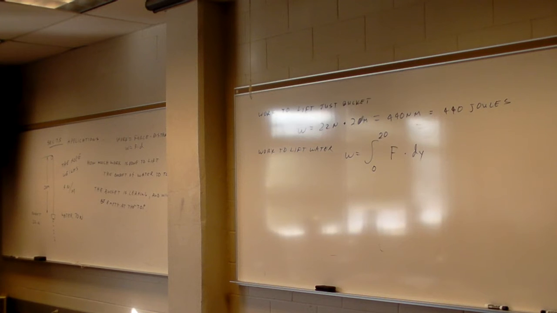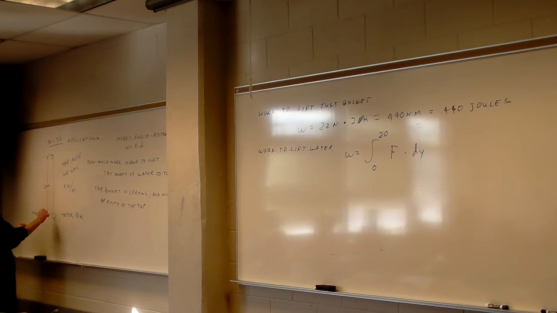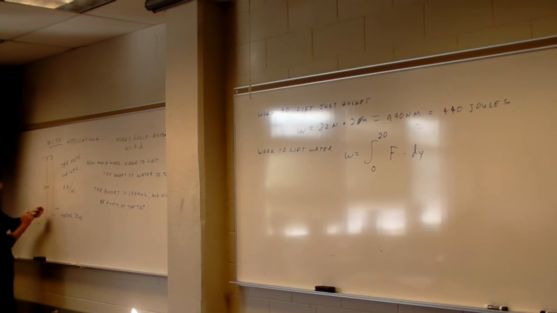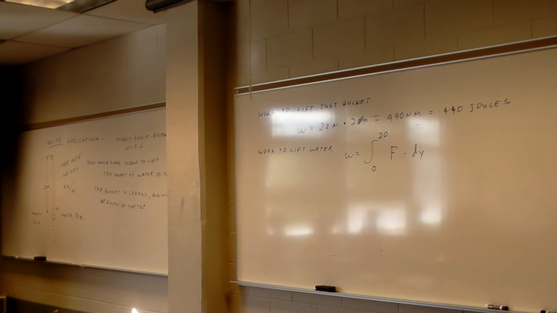All right. What I do to make problems easy is I put in numbers and see what happens. So right now there's 70 newtons. If I was to lift the water up 2 meters, how much water is left in the bucket? Well, it's going out evenly.